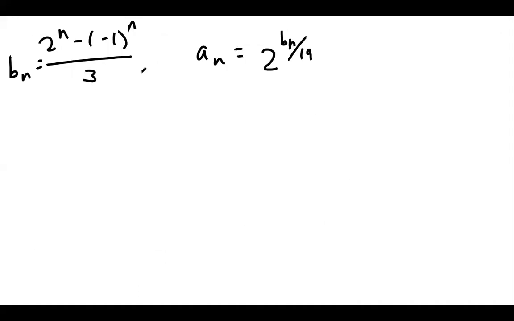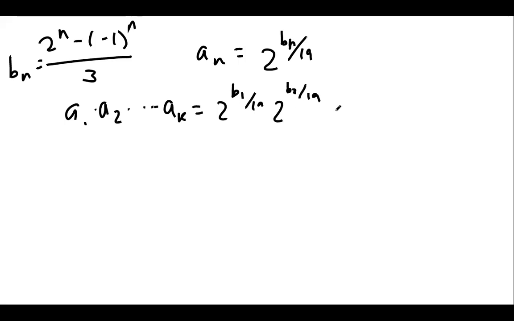So a1 times a2 all the way to ak equals 2 to the b1 over 19 times 2 to the b2 over 19 all the way to 2 to the bk over 19.